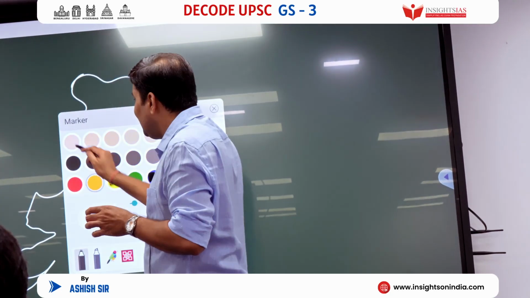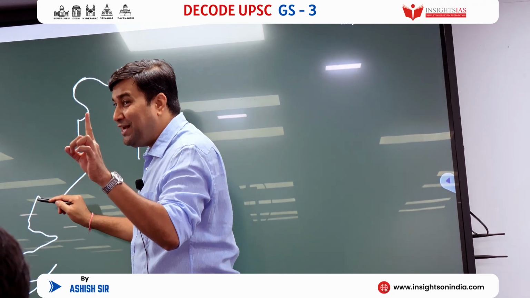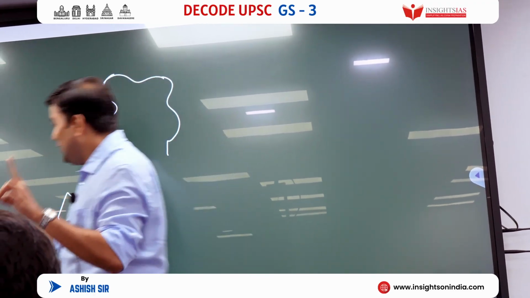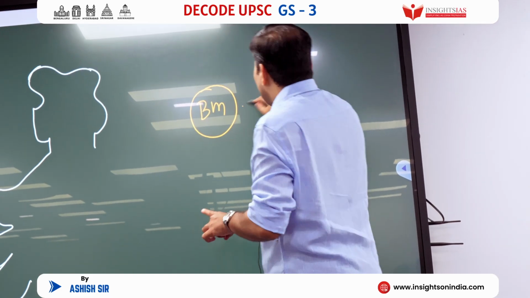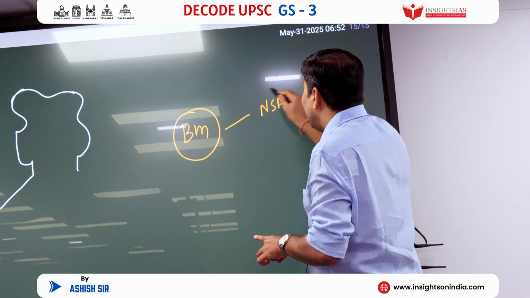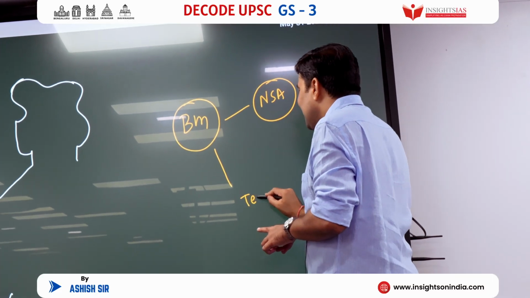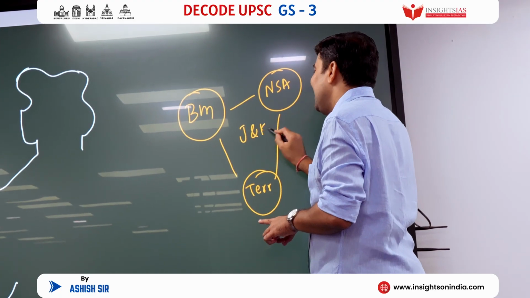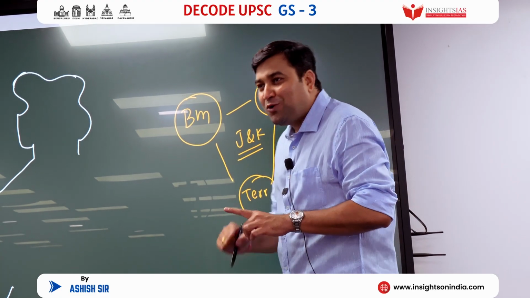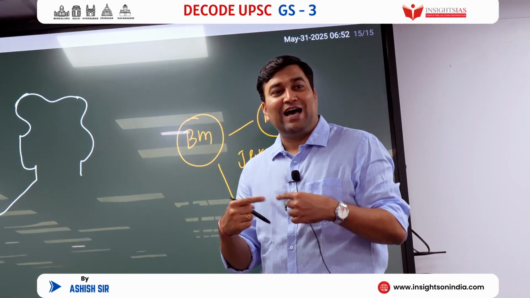I will say that yes sir, it is very difficult for effective border management. Question आएगा border management, 3 topics will be linked: border management, role of non-state actors or external state actors, then terrorism, and ये सबके बीच में है आपका जम्मू एंड कश्मीर. Logical, ऐसा क्वेश्चन आएगा और ऐसे ही क्वेश्चंस आए हैं.